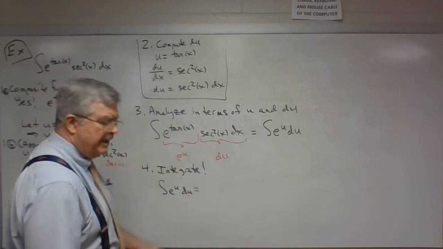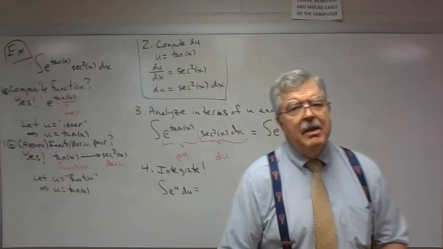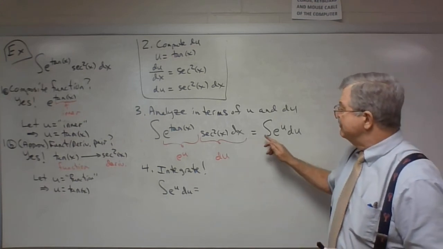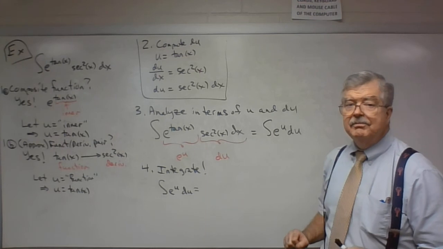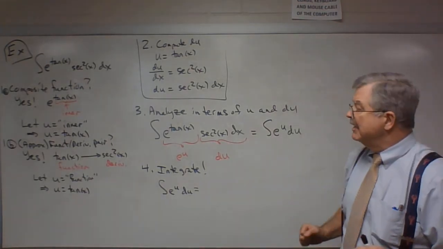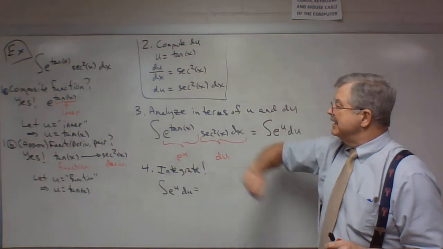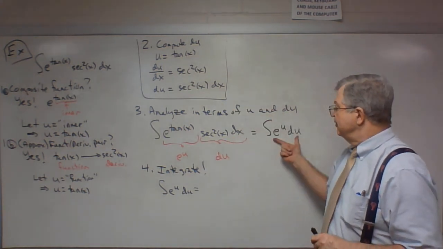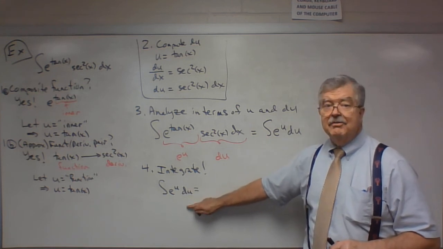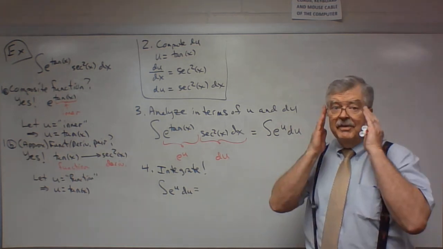And just as a side observation, we went to a great deal of trouble to rewrite everything in terms of u. We're not going to integrate it in terms of x. We analyzed everything in terms of u. We rewrote the integral in terms of u. We're going to perform the integration in terms of u too.